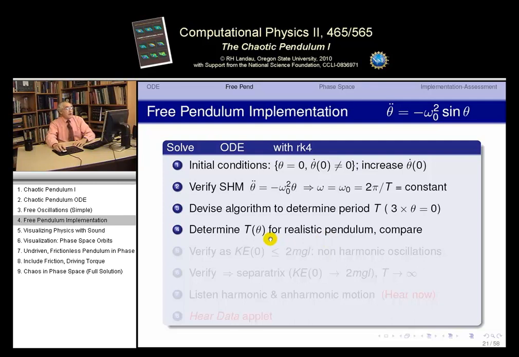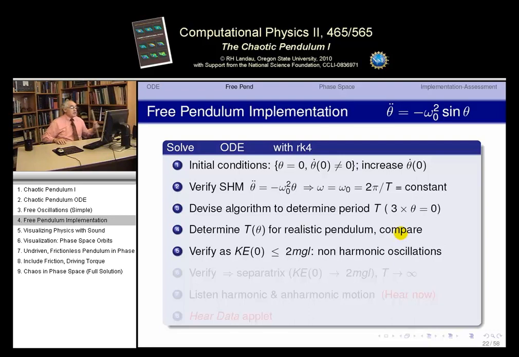Okay? So that's why you have to have your algorithm. Simple harmonic motion doesn't do that. That's a good comparison. Or you can try to compare it to the analytic formula from the mechanics book we gave you on the last page. That's also very good. So do that. That's very interesting. Test your algorithm to test that the physics is working.